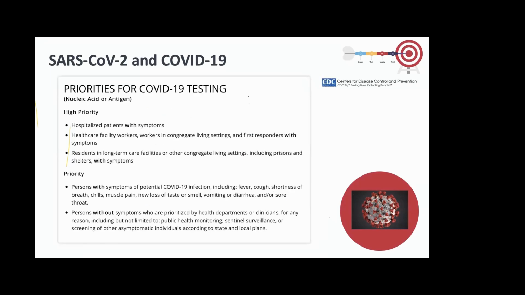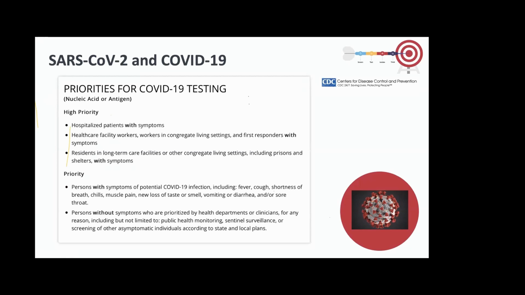Because of a high demand on the PCR, and because it does require a specific technician, procedure, reagent, and so on, the CDC has put a priority on which patients should have a higher priority of testing.